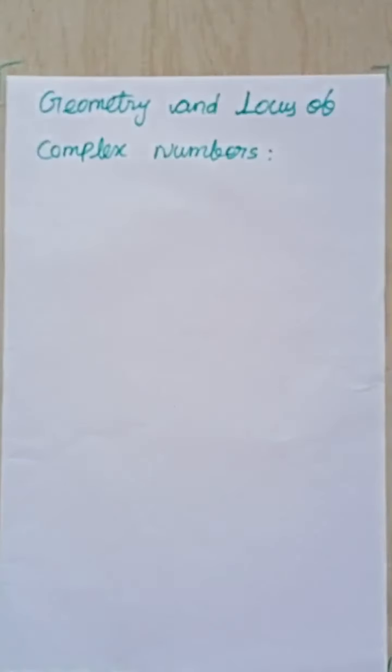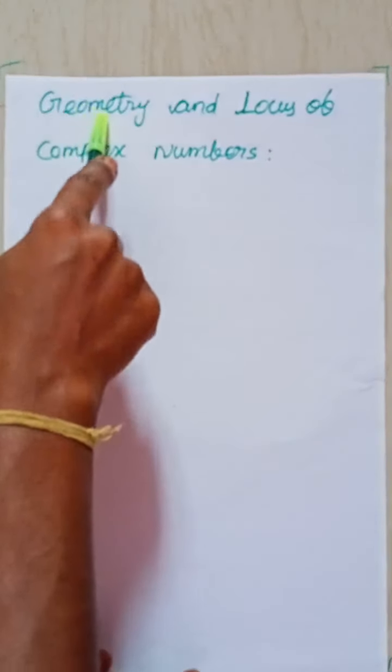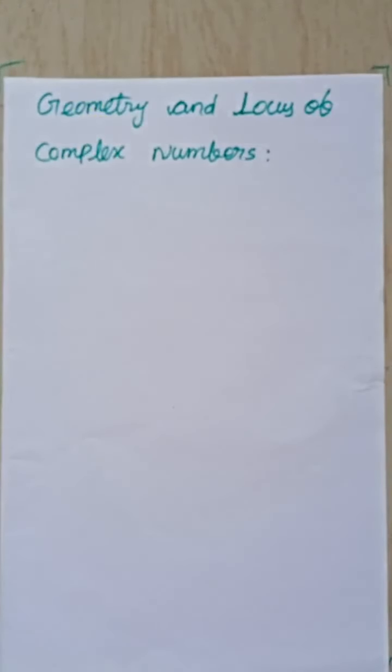Geometry here mentioned is nothing but the Argand plane. Already we have studied it in the 4th or 5th class. That Argand plane is what is mentioned here as geometry. And locus is nothing but a point and a complex number.